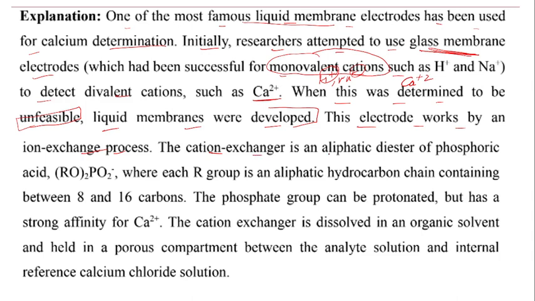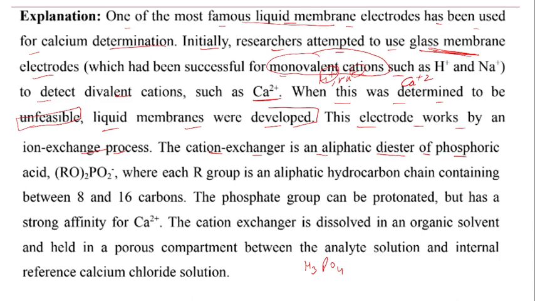The cation exchanger is an aliphatic diester of phosphoric acid. So what is phosphoric acid? Phosphoric acid is H3PO4. Now the cation exchanger is an aliphatic diester of phosphoric acid.